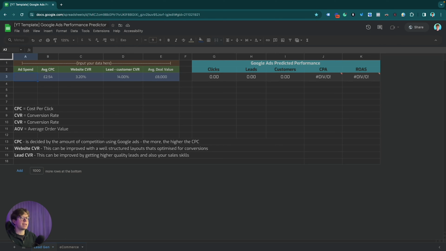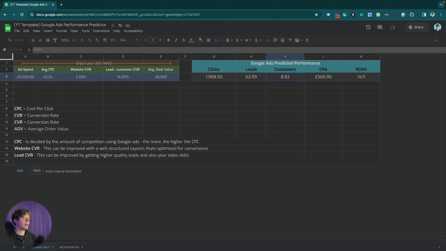And finally, let's input the variable that always changes. So for an example here, I'm going to start with £5,000. And from £5,000, based on these metrics here, this is what we can expect to achieve. So we can expect to see 1,968 clicks that convert to 62.99 leads or 63 leads.